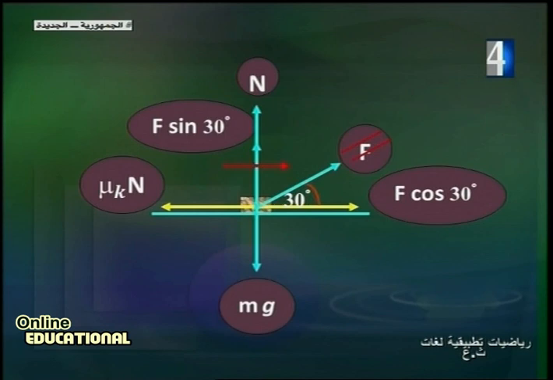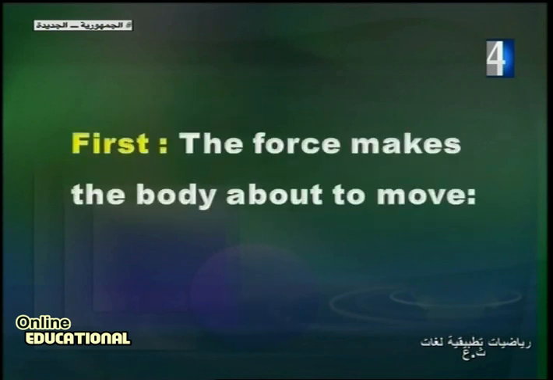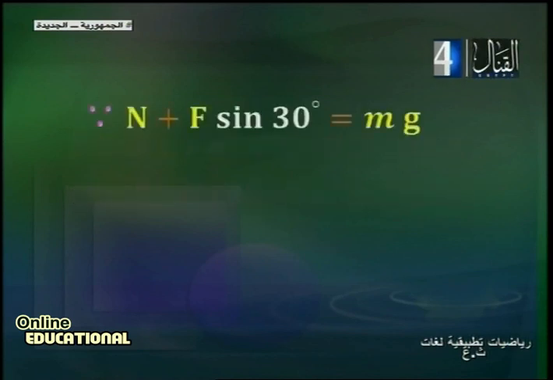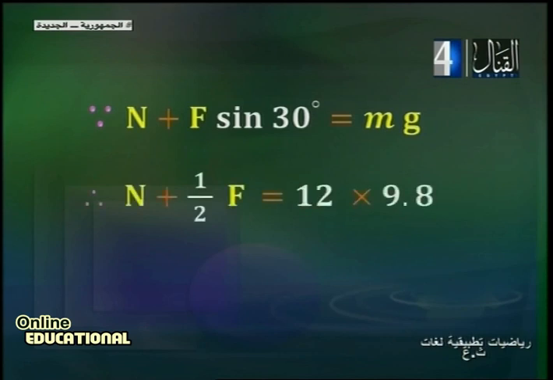When the body is about to move in the direction of the component F cosine 30, the friction force appears in the direction opposite to the motion. Now, first, the force that makes the body about to move. We know that N plus F sine 30 equals mg. N plus F multiply sine 30 degrees, which equals half, so N plus half F equals 12 multiply 9.8.